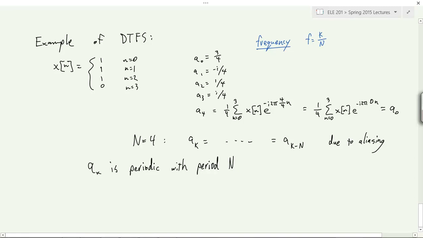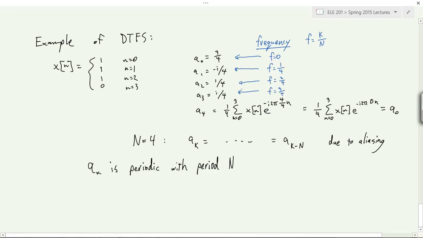Because in the Fourier series formula, the part where frequency goes in the complex exponential, you have k over n. So this coefficient goes with f equals 0, then f equals 1/4, f equals 2/4, f equals 3/4. So what we have from the Fourier series is some coefficients associated with a collection of frequency terms.